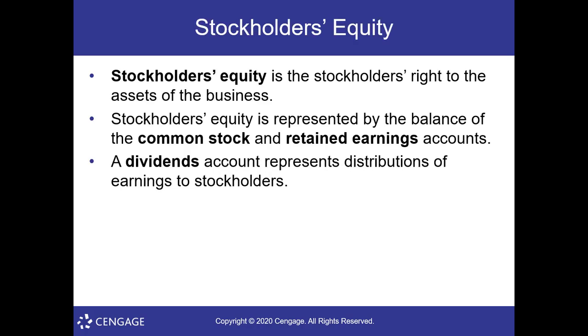And then stockholders' equity, for purposes of this class, are going to be common stock and retained earnings. Now, dividends are a distribution of earnings to stockholders, so they are typically numbered in the stockholders' equity section, but they're a retained earnings subset, just like revenue and expenses are.